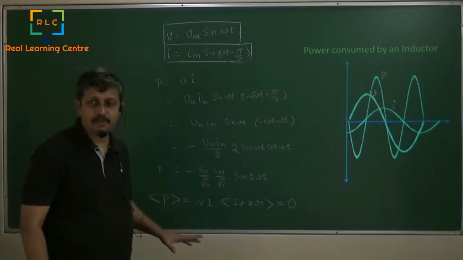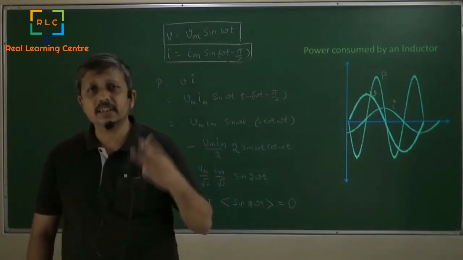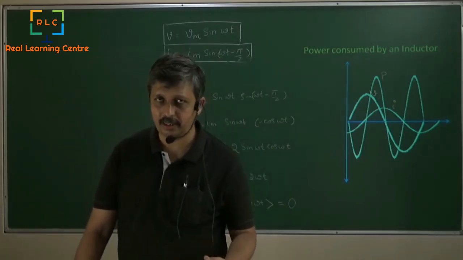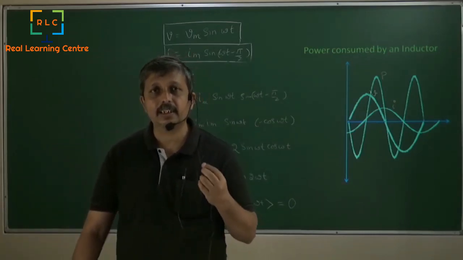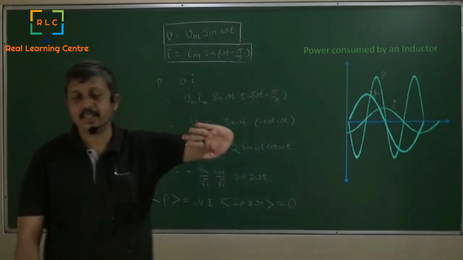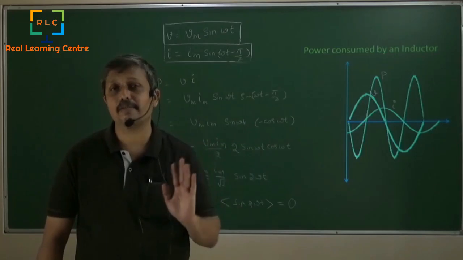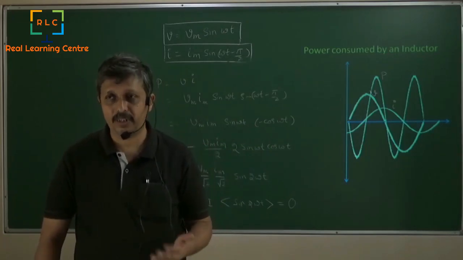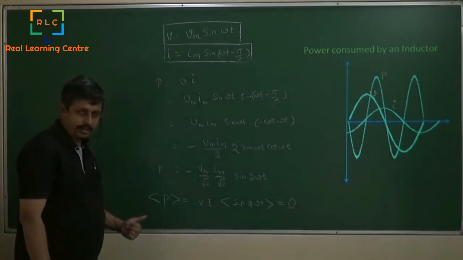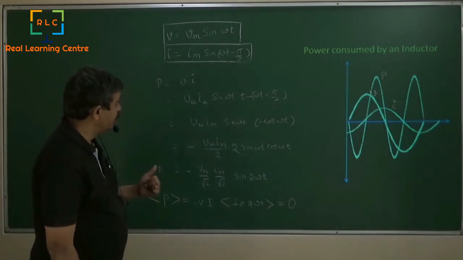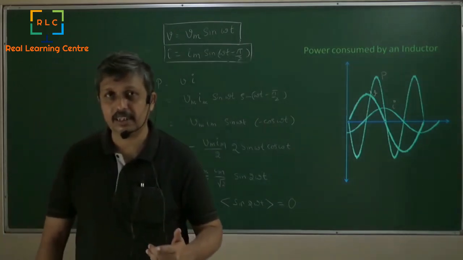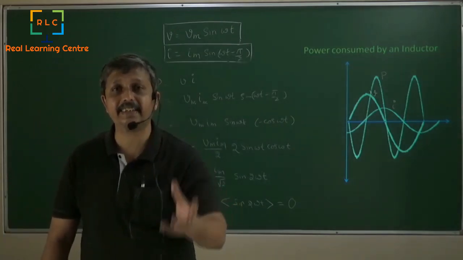So what we understood about a pure inductor, there are basically 2 or 3 important things that you have to remember. In a pure inductor, the current and voltage are never in phase. Current is lagging by 90 degrees from the voltage. That is the first point. Second point is that the inductance gives rise to what we call reactance.